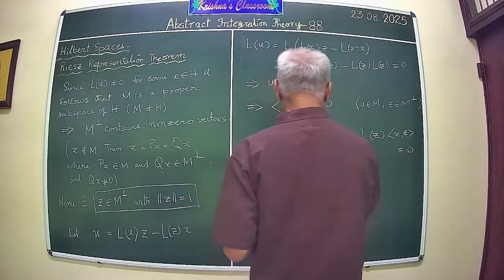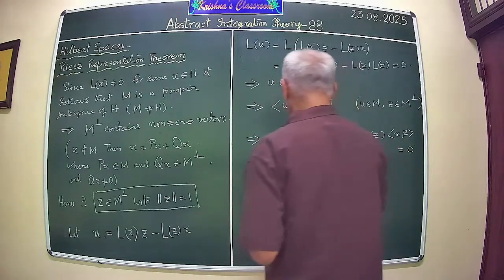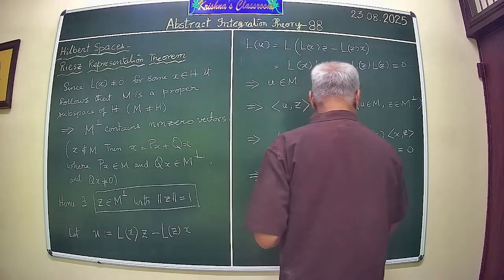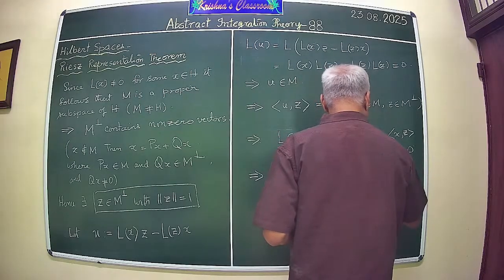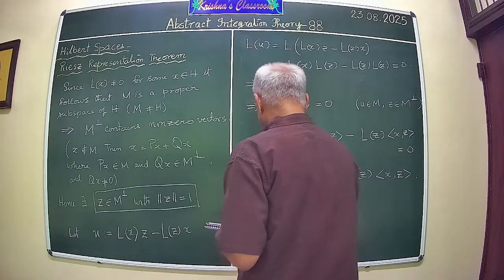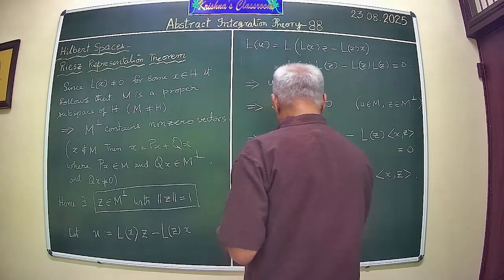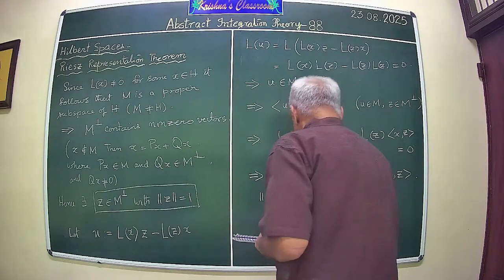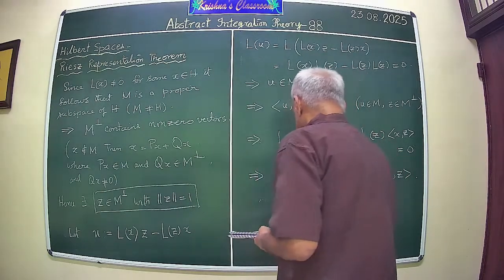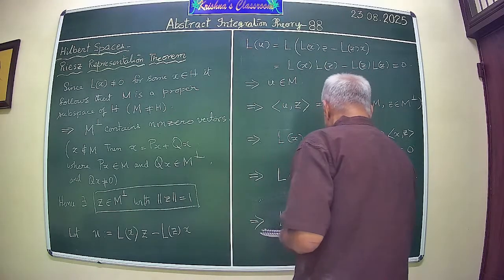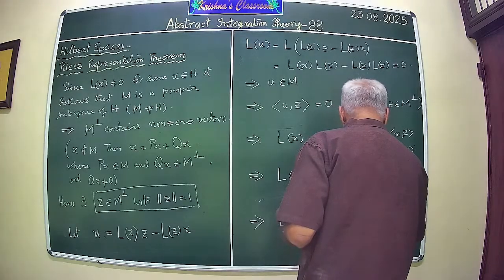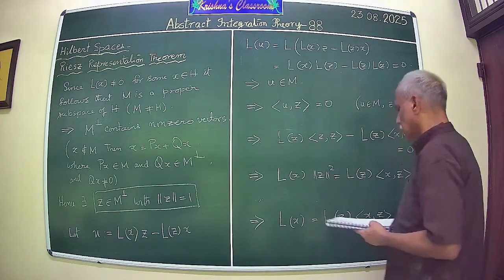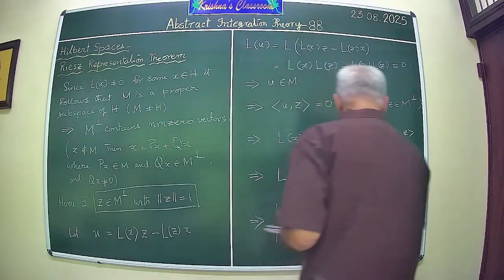This means, see, this is norm z square, which is equal to 1. So what do you do now?